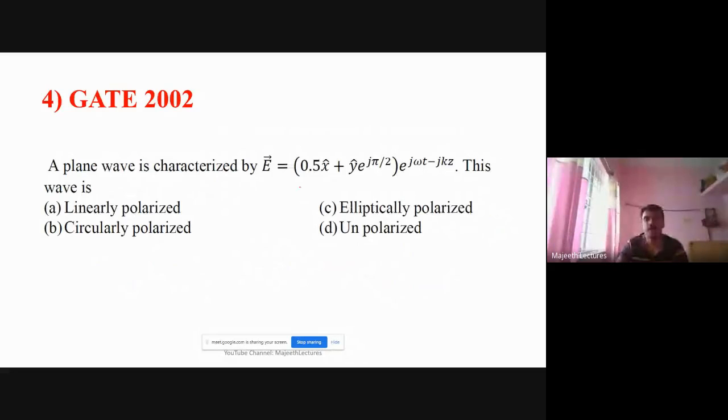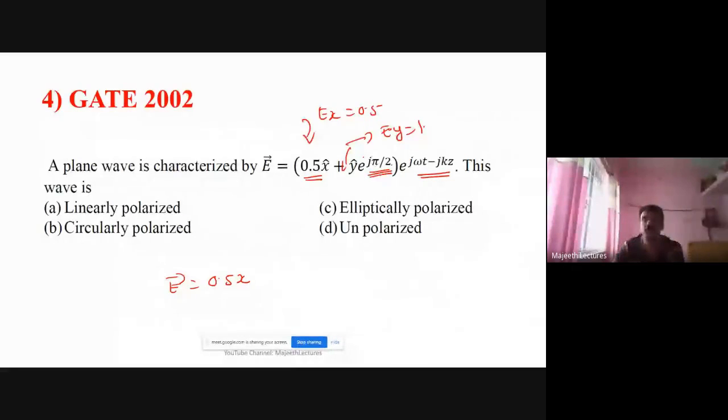Here you see E. This is 0.5. I write E is equal to 0.5x. So the X component is 0.5, the Y component is 1. Right? And you may feel that there is no phase difference. No, here we have e power j pi by 2.